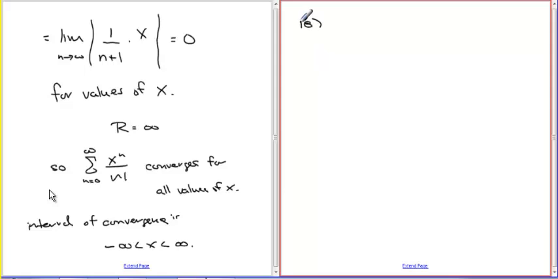So 18 is the summation from n equals 0 to infinity of negative 1 to the n times x to the n divided by n plus 1, n plus 2.